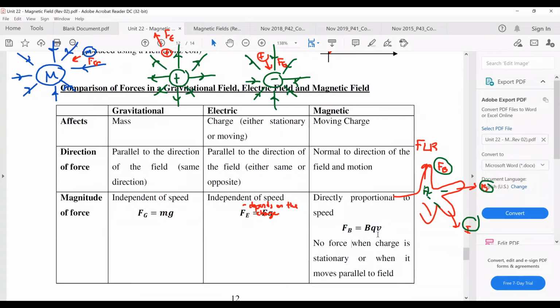If the charge is stationary, v is 0, so magnetic force is 0. Another case is when the charge is moving parallel to the field, you will not have magnetic force. These are two conditions in which you will never have magnetic force: the charge is stationary, or is moving but parallel to the field.